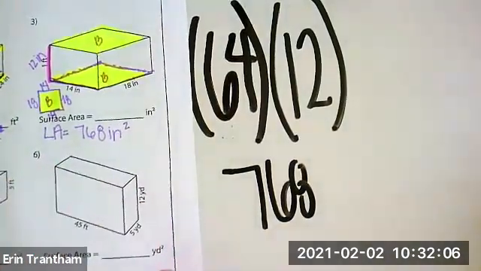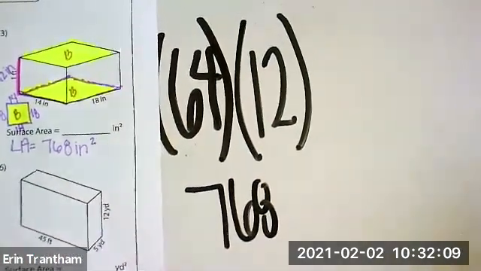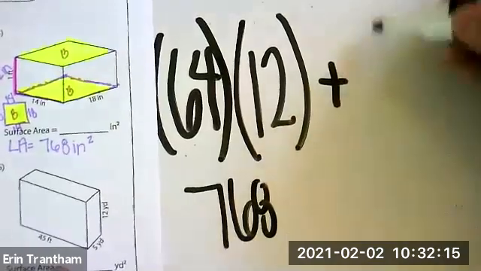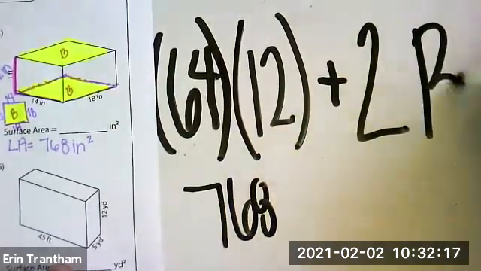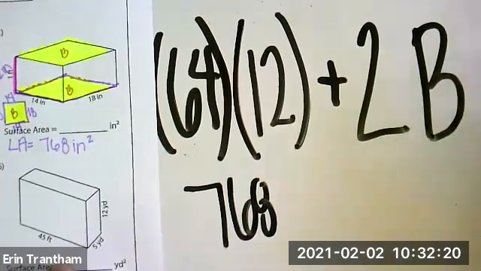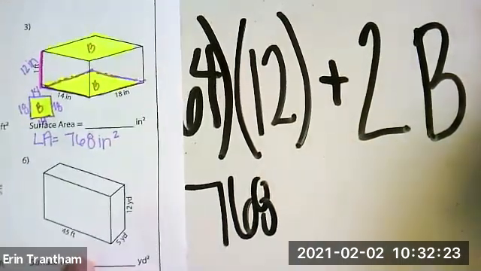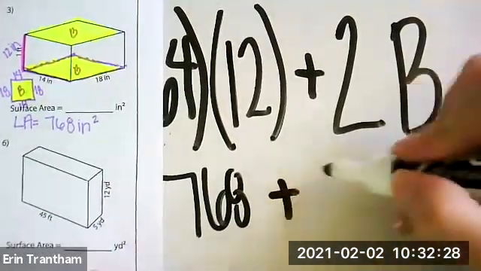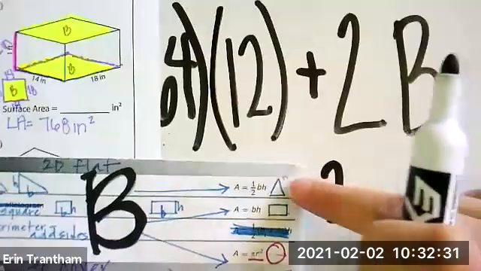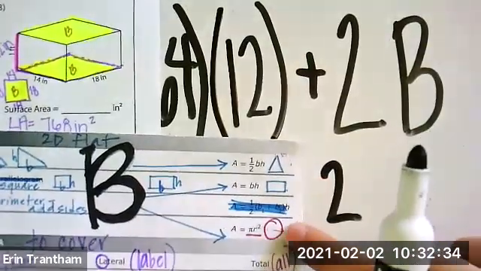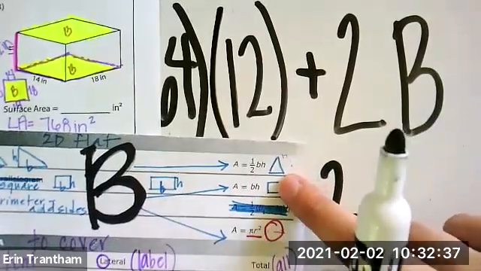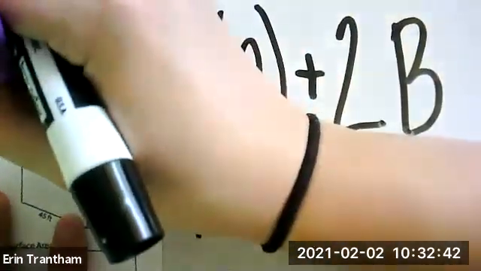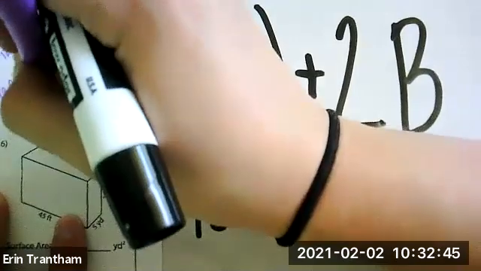Okay, so if I have my lateral, how am I gonna find my total? Plus 2 big B. What does big B stand for? Area of the base. Is this the shape of my base? Okay, so little b H. 14 is your little b. H is your 18.